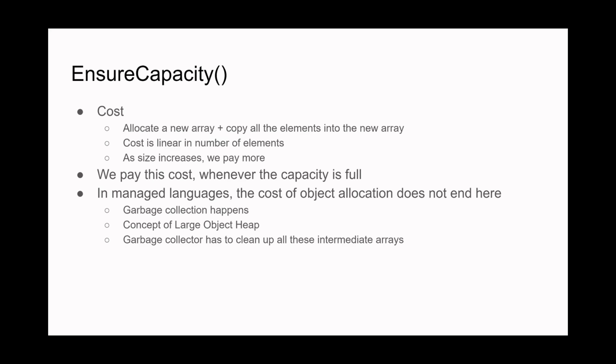So garbage collection happens, and it basically cleans up all the intermediate arrays that you allocated. Whenever you resized, you created a new array, you allocated memory for it, but then you discarded it when the size was again full. So you have these stray intermediate arrays in memory that need to be cleaned up. There's also one more concept of large object heap that comes into the picture here, but we're not going to talk about that right now.